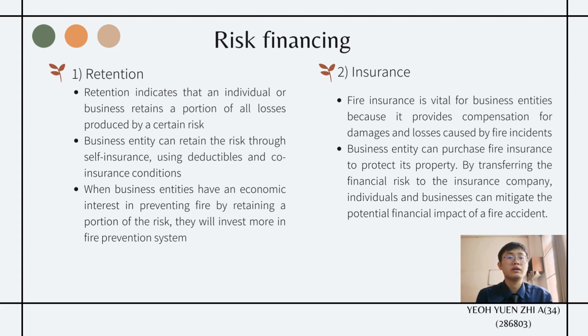In conclusion, the outcome of implementing this risk management technique can help business entities to lower the frequency and severity of fire accidents. At the same time, this technique is also able to minimize the direct loss and indirect loss associated with fire accident.